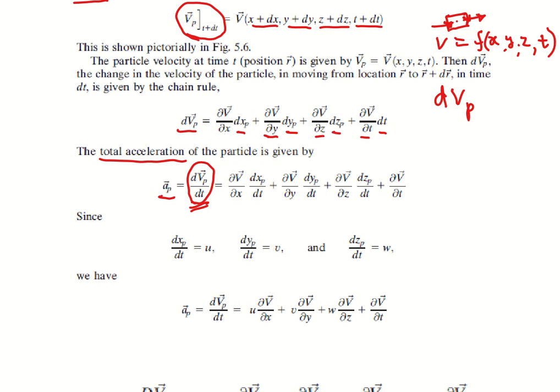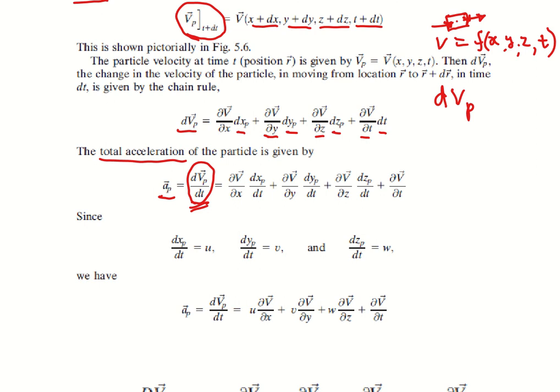Now this total acceleration is equal to what? So divided by dt. So del v over del x multiplied by dx over dt plus del v over del y dy over dt. So on the right hand side you divide it by dt. Right. Now here look at this definition.